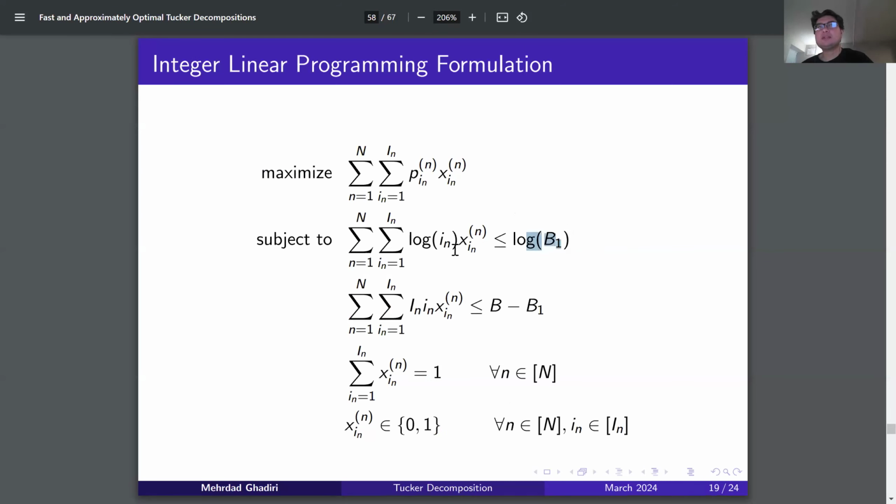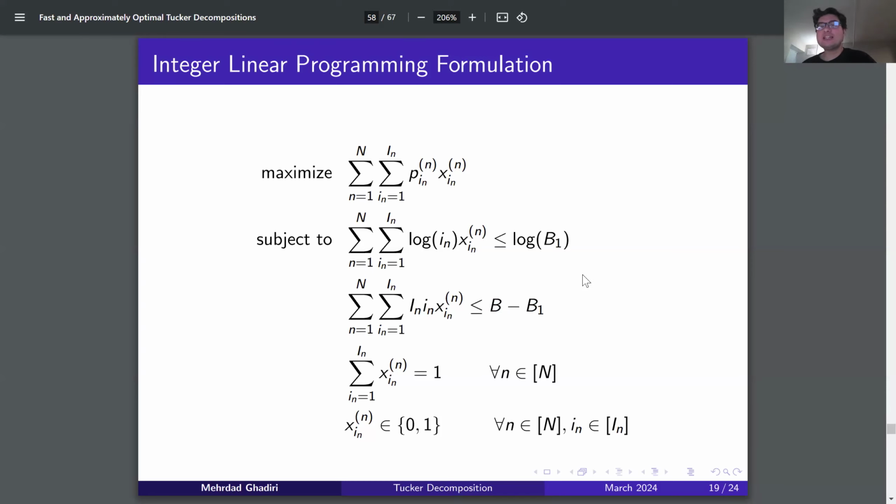And this is the splitting part. So I want the size of the core tensor to be less than log of B1, and I want the total size of the factor matrices to be B minus B1. This is very complicated. I'm not sure if I'm clarifying anything.